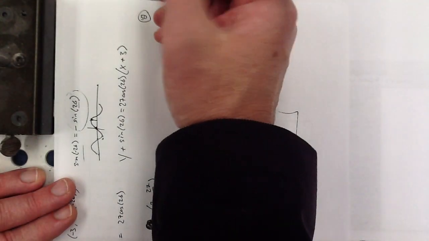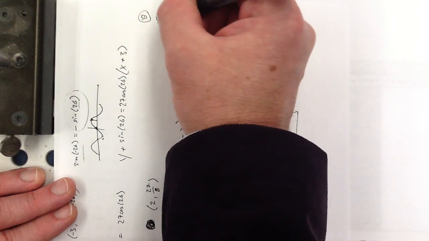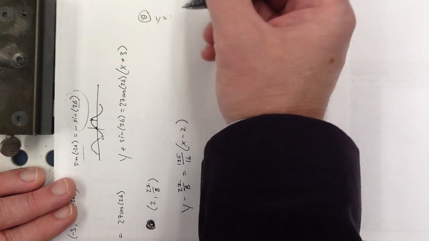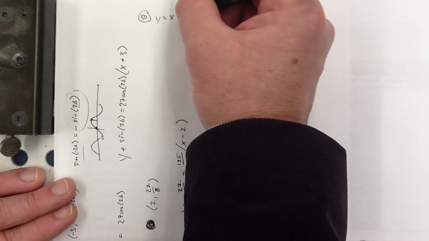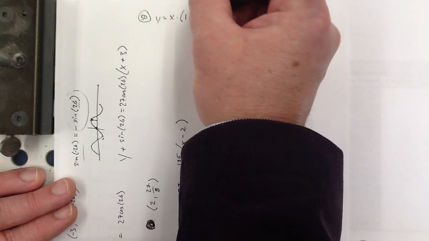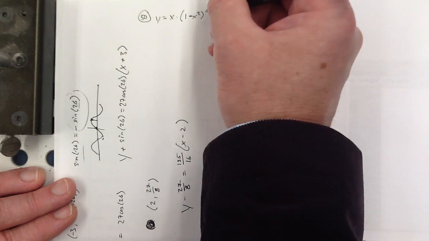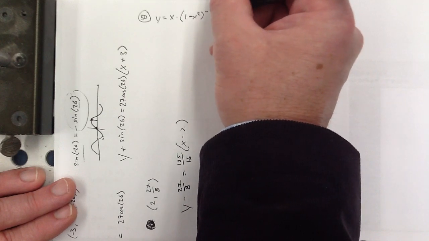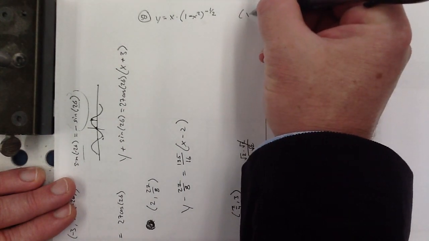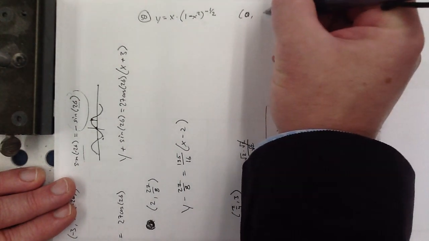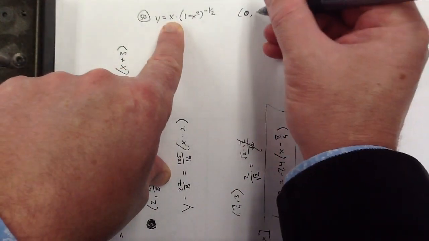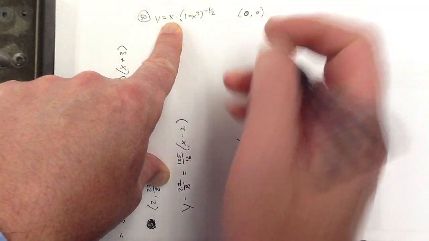So let's see if we can do this last one in this space here. I think I'm going to write it so as to avoid the quotient rule. I'm going to write it like that. So at x equals 0, when I plug 0 in here, I'm going to get 0 times 1.